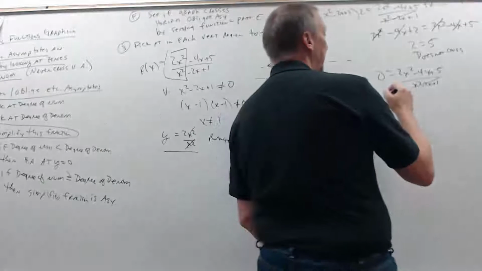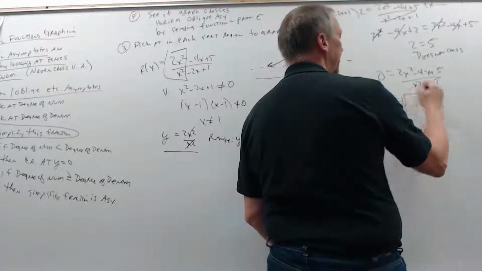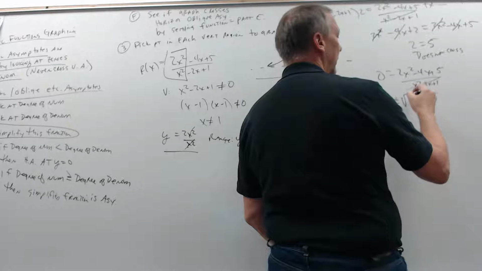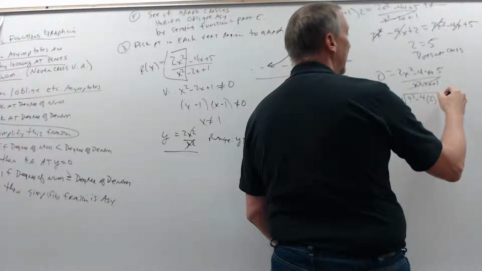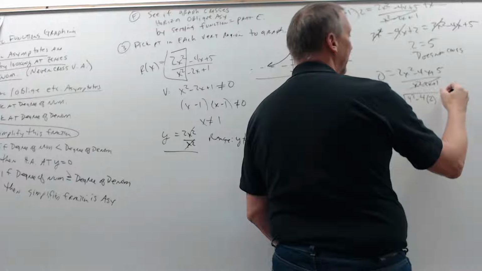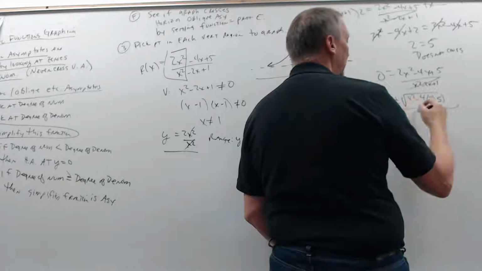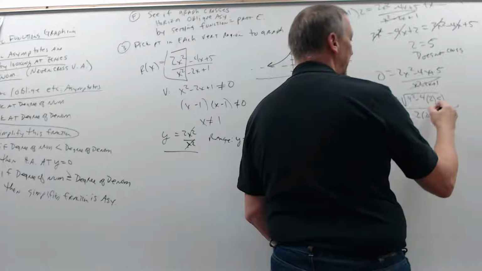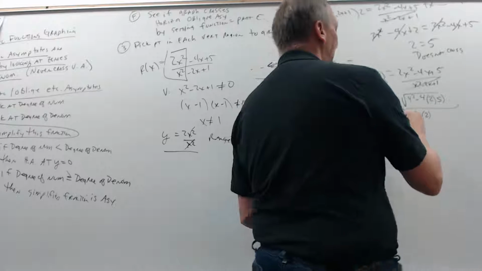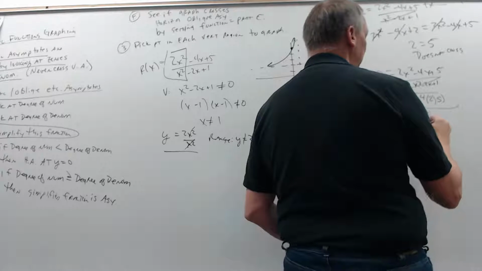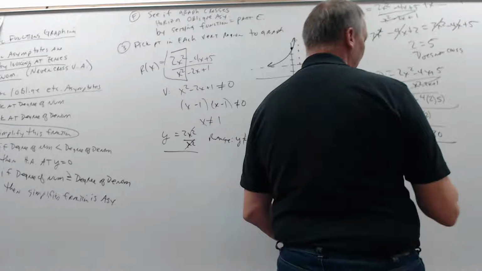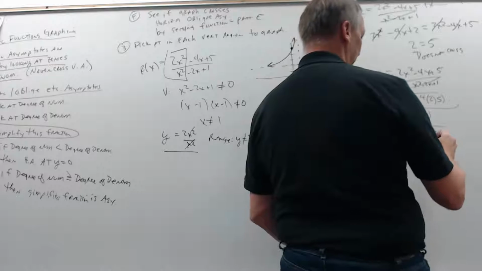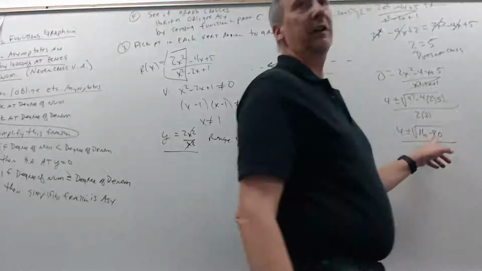So negative b becomes positive 4 plus or minus the square root of 4 squared minus 4 times 2 times 5, correct? All over 2 times 2. This becomes 4 plus or minus the square root of 16 minus 40, which is negative 24... all over 4. That's an imaginary number.